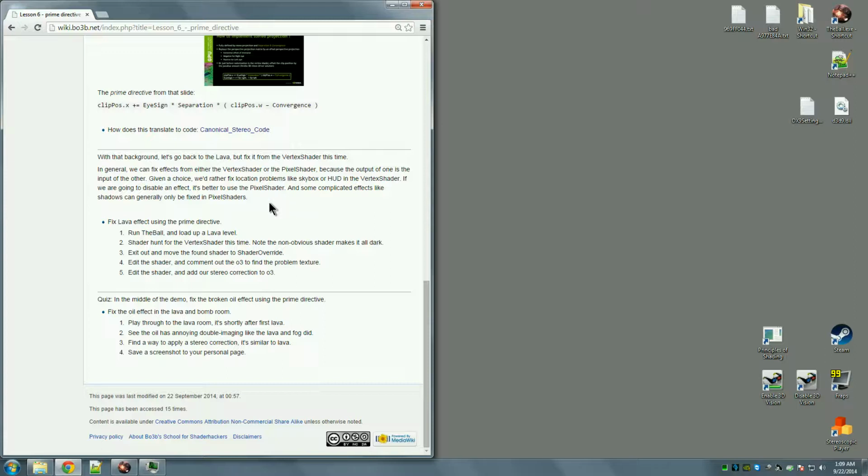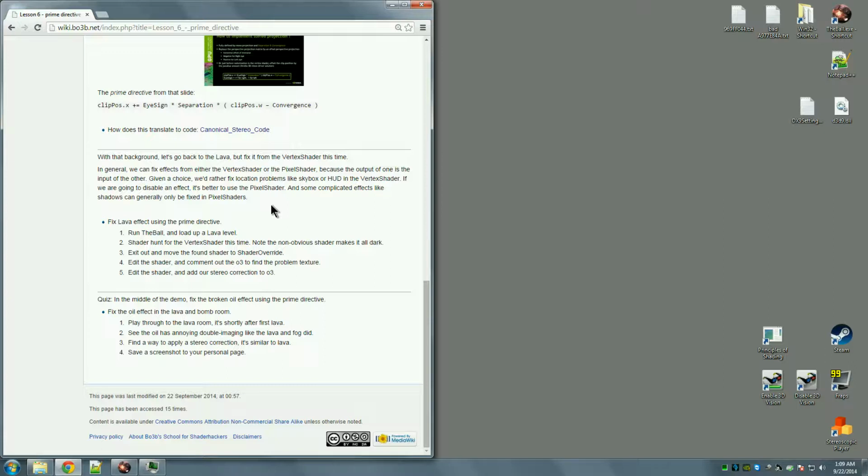Now in general, we can fix the effects either in the vertex shader or the pixel shader, but there are definitely different choices that are better depending upon what you're trying to fix. Locations are almost always vertex problems. So like a skybox that's too close or wanting to move the HUD into a different spot, that would be a vertex shader thing, because that's a position-oriented type of problem.